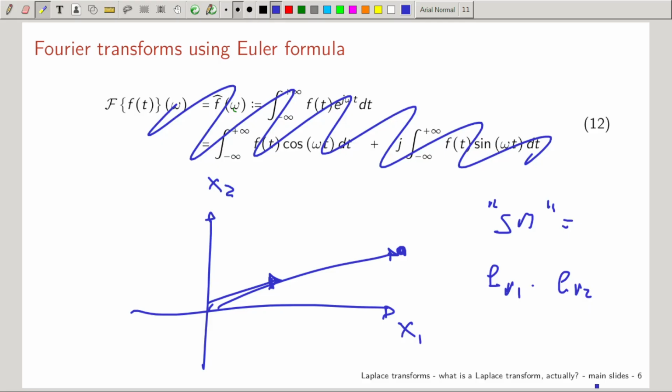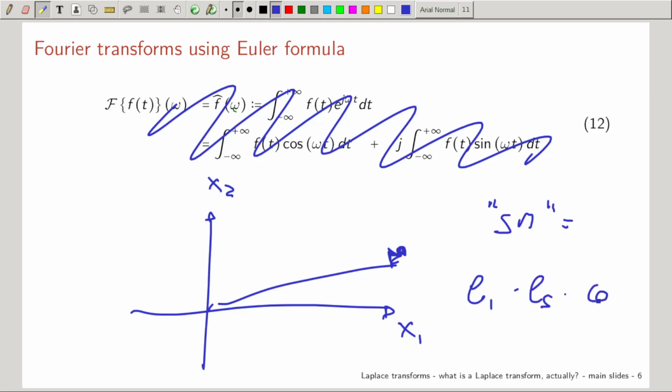True? If they are aligned, I multiply their length. If they are orthogonal, the similarity is 0. And if they are not orthogonal, I do similarity measure equals length 1 times length 2 times cosine. Sine or cosine? Cosine. Cosine of the angle.